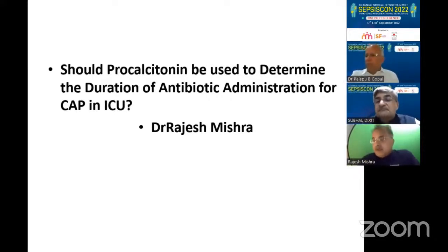Not very convincing data, although people have tried to do maximum study in community-acquired pneumonia. Even the serum cutoff level has been reduced for CAP, but it's still not very convincing. So I will not suggest that somebody should decide the duration of antibiotics based on procalcitonin; it is as good as doing a CBC or any other marker.